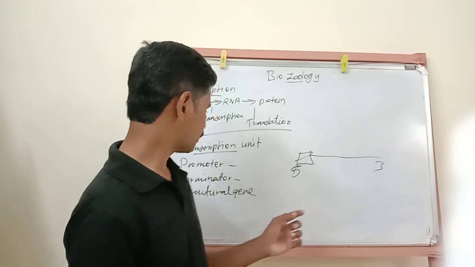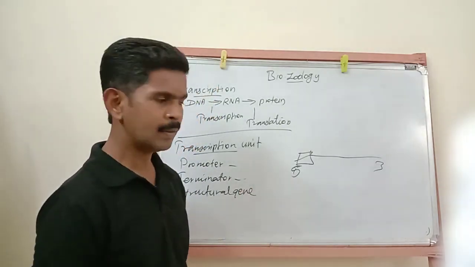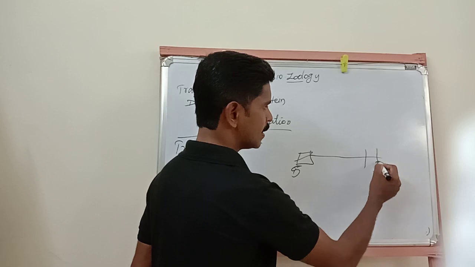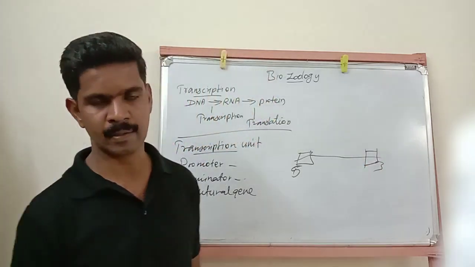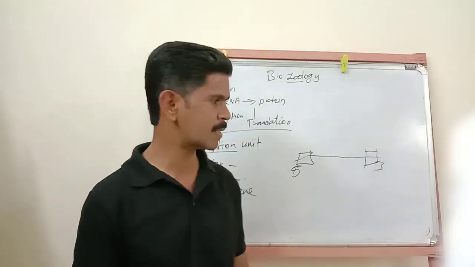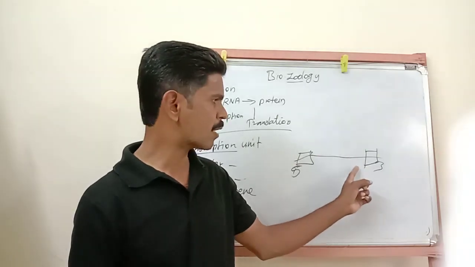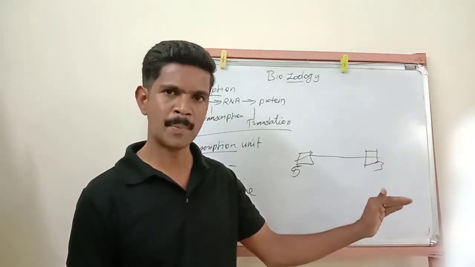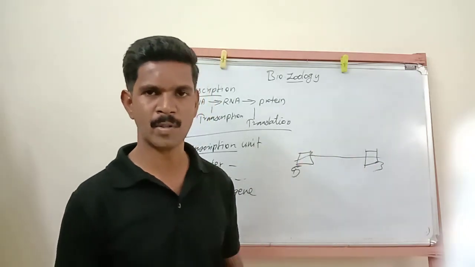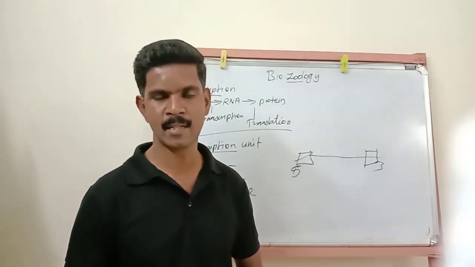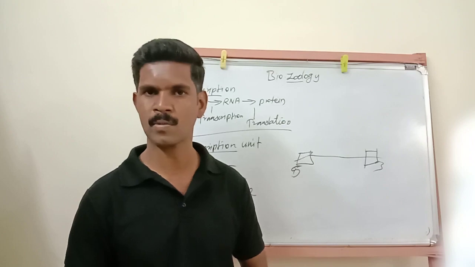Then next one is terminator. This terminator region is present in the 3' end. Then this terminator region only stops the transcription process. Hope you understood this point.